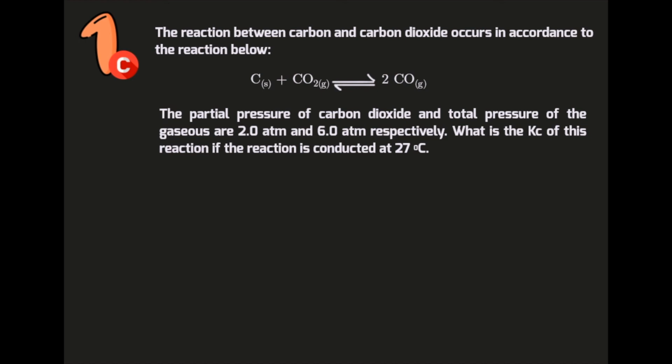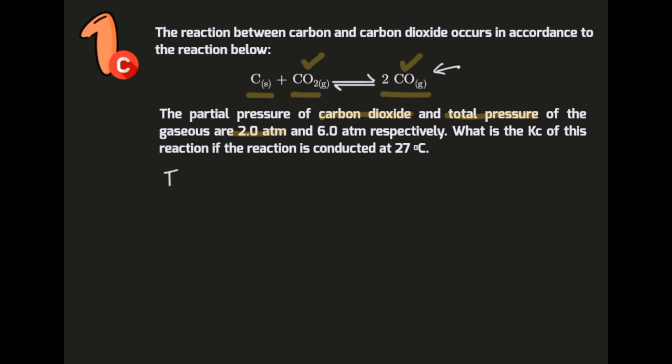So we were given the balanced equation, which is carbon reacted with carbon dioxide will produce carbon monoxide. So it means that the total pressure is actually looking at the carbon dioxide and also carbon monoxide. And the partial pressure for the carbon dioxide is equivalent to 2 atm. Therefore, from here we can find the pressure for carbon monoxide.